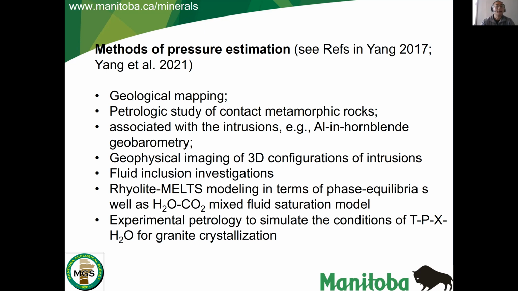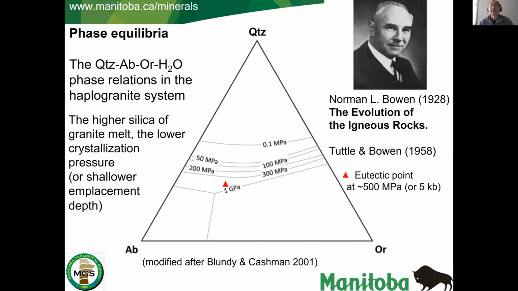Now I'm going to focus a little bit on phase equilibrium. Norman Bowen published his classic textbook, The Evolution of the Igneous Rocks, which established the foundation of modern experimental petrology.